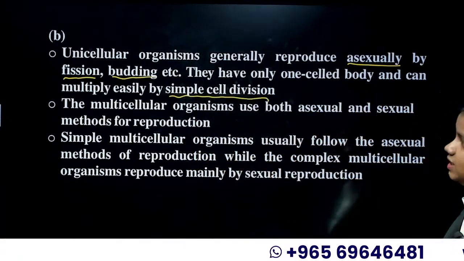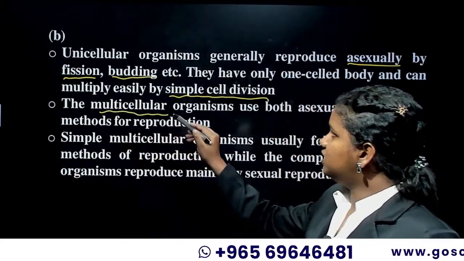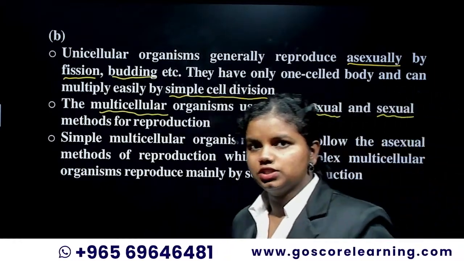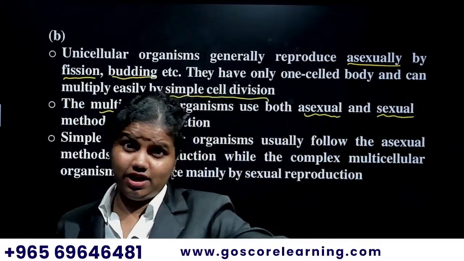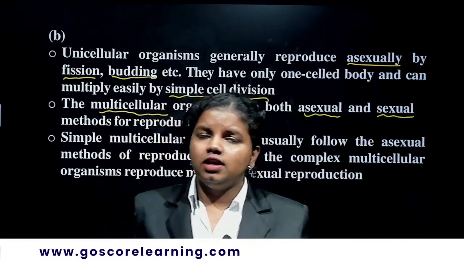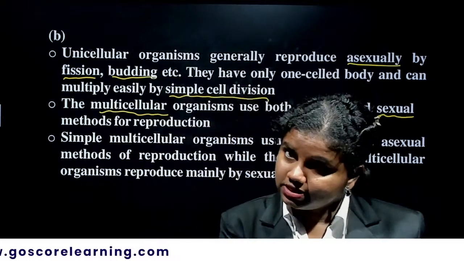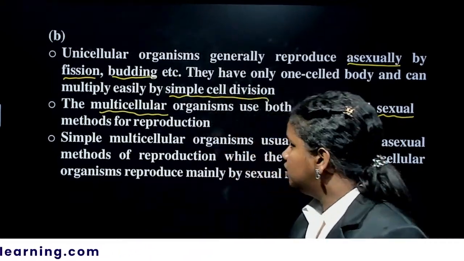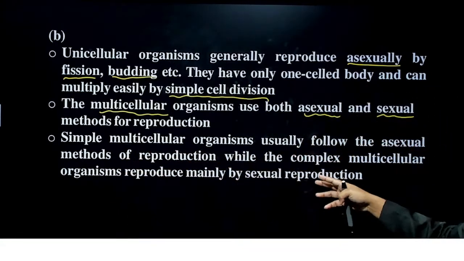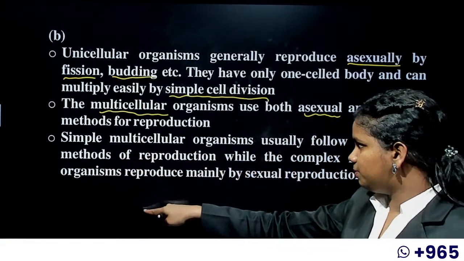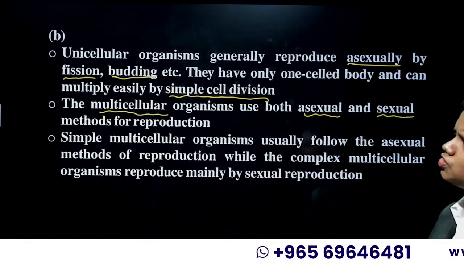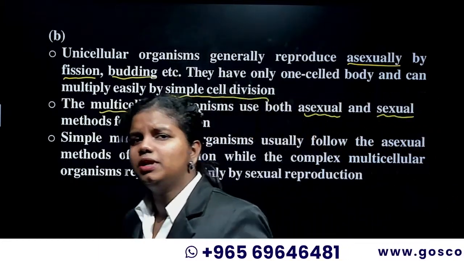Okay. In the case of multicellular organisms, they use both asexual and sexual modes of reproduction. So when you're going to a higher organism like a vertebrate or maybe a plant, they can do both sexual and asexual reproduction. Simple multicellular organisms usually follow the asexual method of reproduction, while complex multicellular organisms reproduce mainly by sexual reproduction. So you can elaborate that question like that.